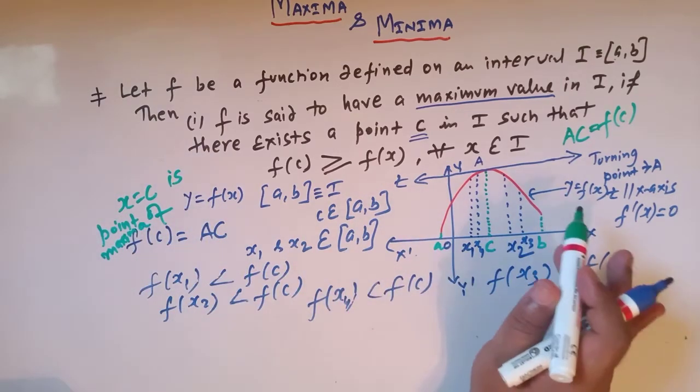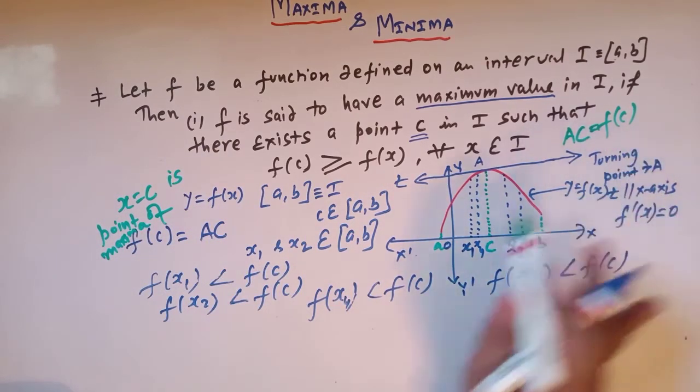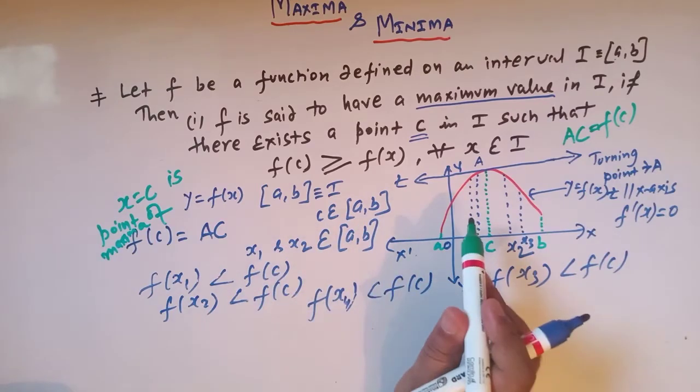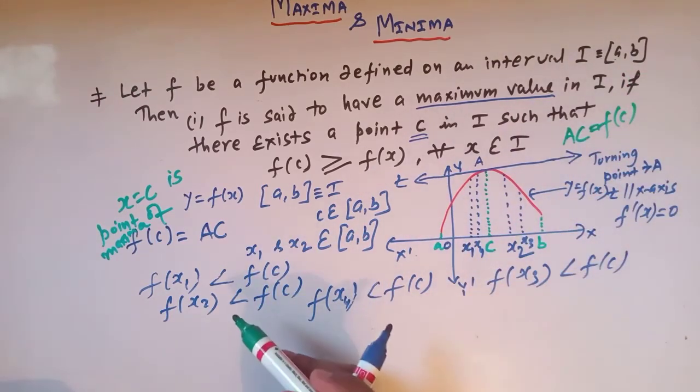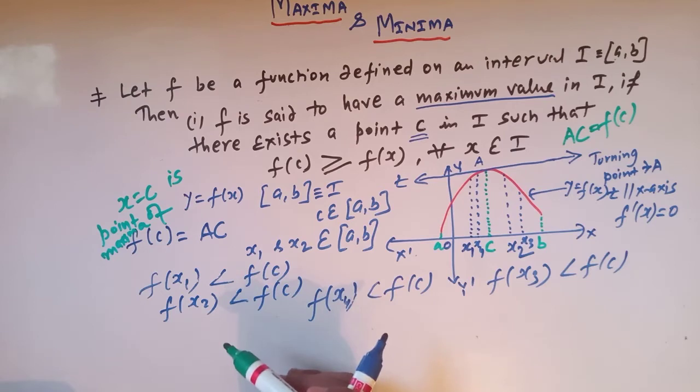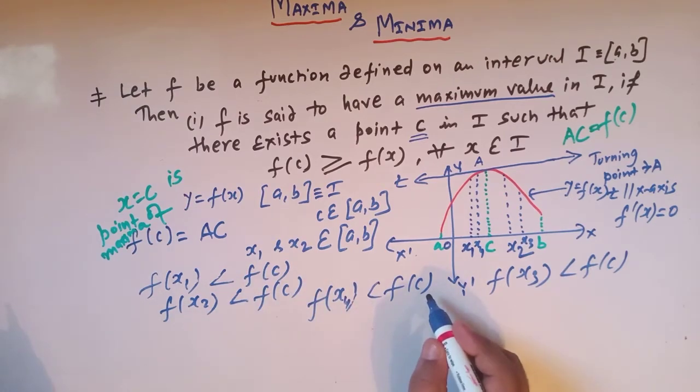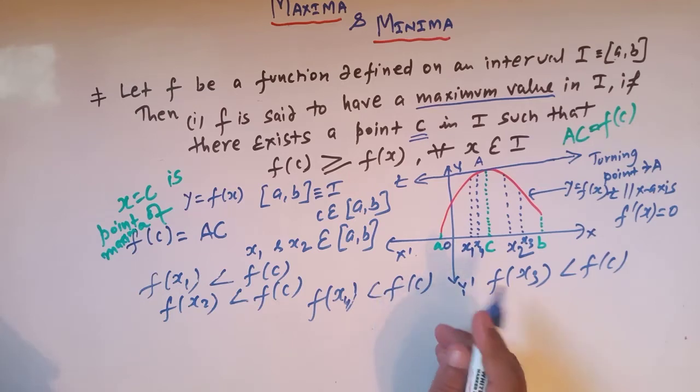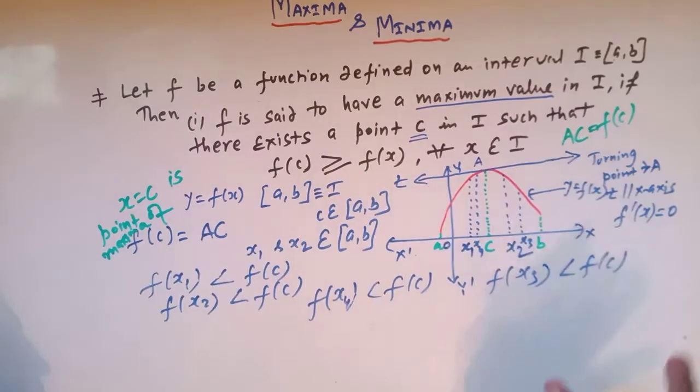So this number f of c is called the maximum value of f in this interval I, and the point c is called a point of maximum value of f in I.